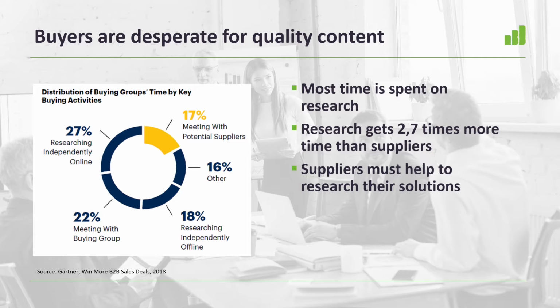With suppliers, generally, only 17% of time is spent. However, if a company is willing to talk with 2 or 3 suppliers, then each supplier gets even less time for discussion.